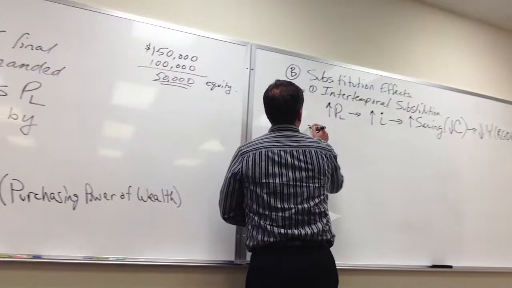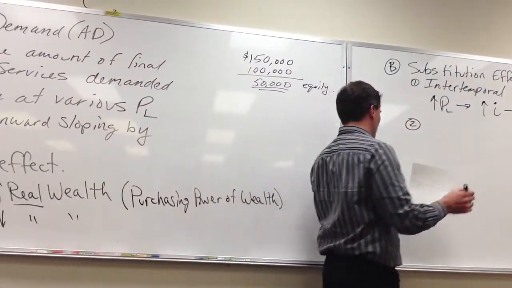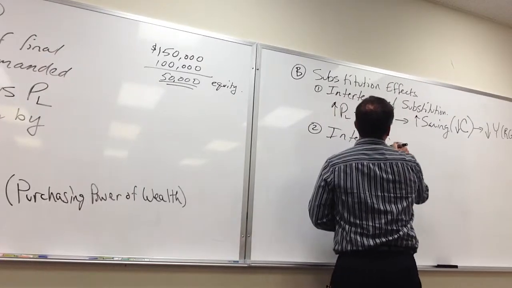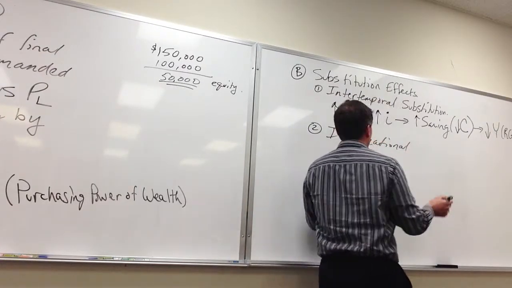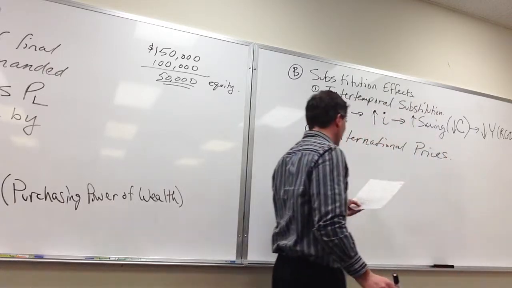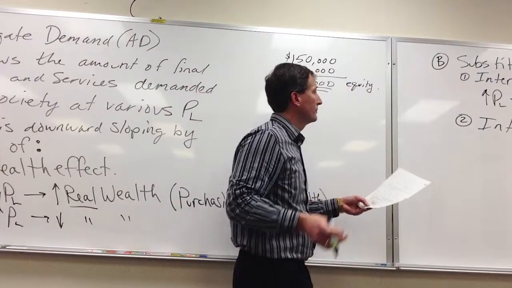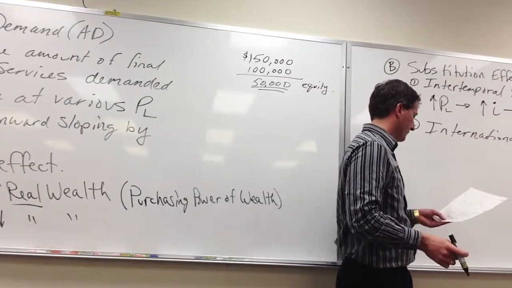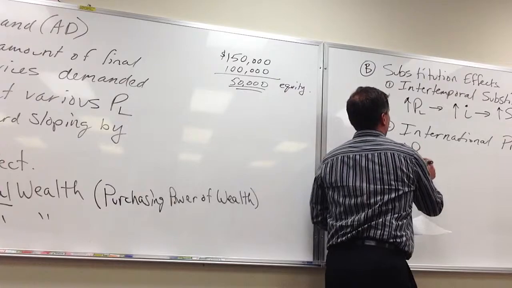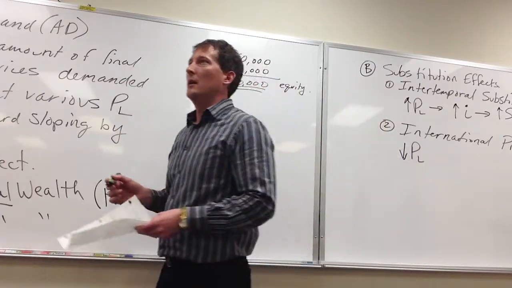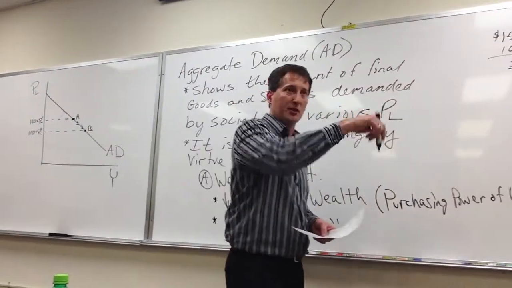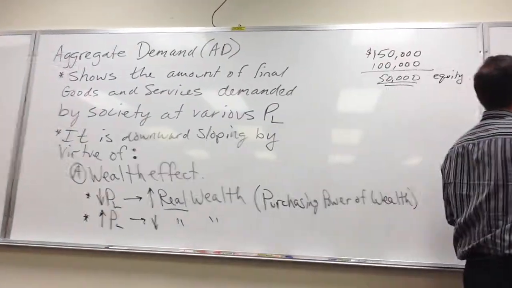Foreigners are going to have an effect too. So if we look at the rest of the world, we have an international substitution going on with international prices. A decrease in the price level makes American goods look more attractive relative to Chinese goods, assuming they're being held constant.